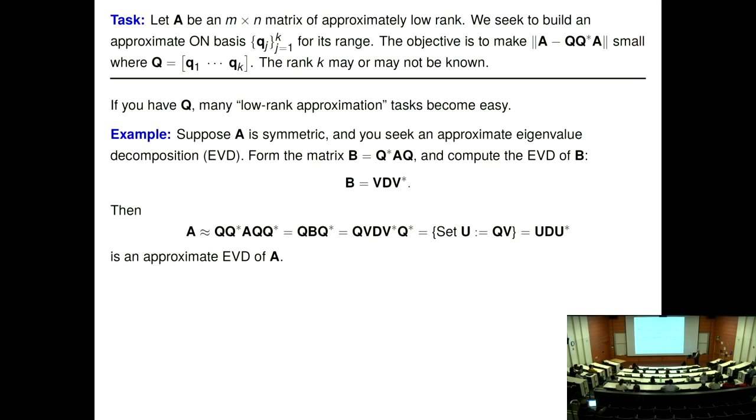Say the matrix is symmetric and you want an eigenvalue decomposition. With this basis, you apply the orthogonal projection on both sides to get the small matrix B, a projection of the larger one, and compute its eigenvalues. You get a good approximation to the original matrix.